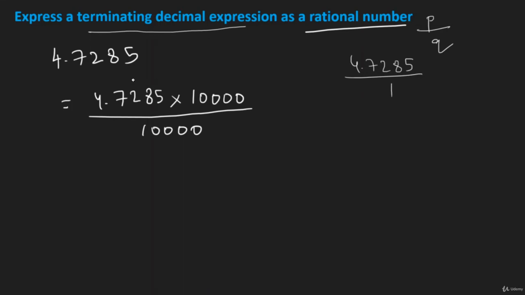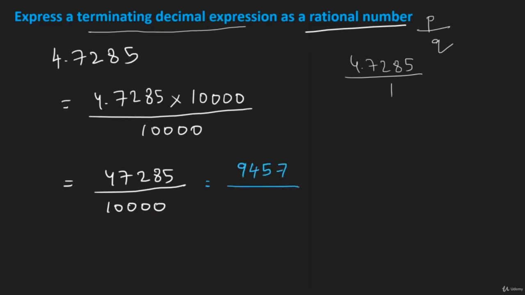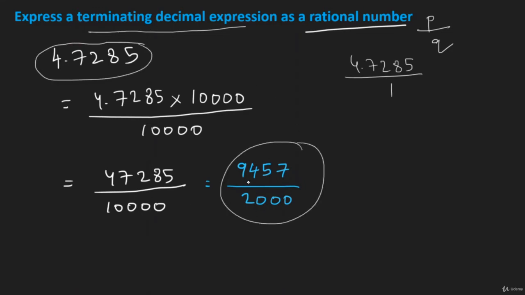Now when I do this multiplication, I have to shift the decimal point by 4 places to the right, and that amounts to 47285 divided by 10,000. I can take out 5 both from the numerator and denominator, and it simplifies to 9457 divided by 2000. So I have successfully expressed this terminating decimal expression in the form p by q.